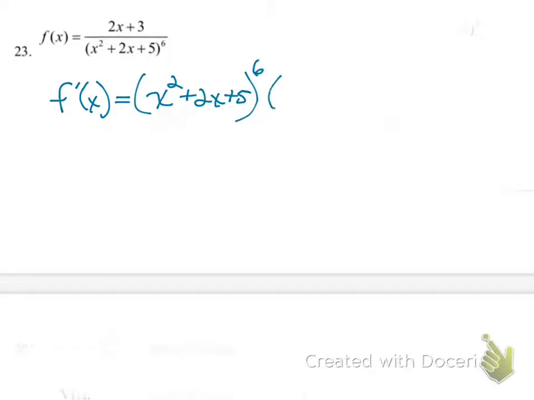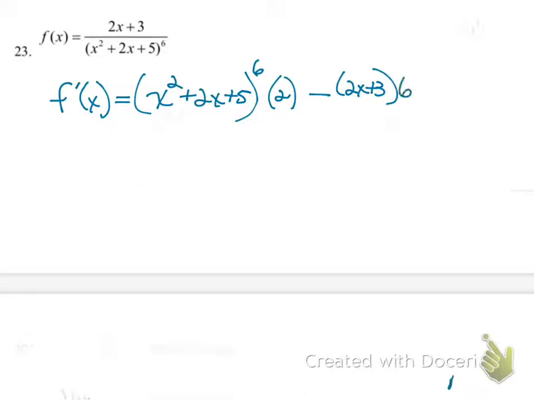So for 23, I would recommend that you do the quotient rule. So doing the quotient rule, I'm going to say f prime of x equals low. So write it just the way you see it. Don't touch anything. D high, that's just 2, minus high, put it in parens, D low.